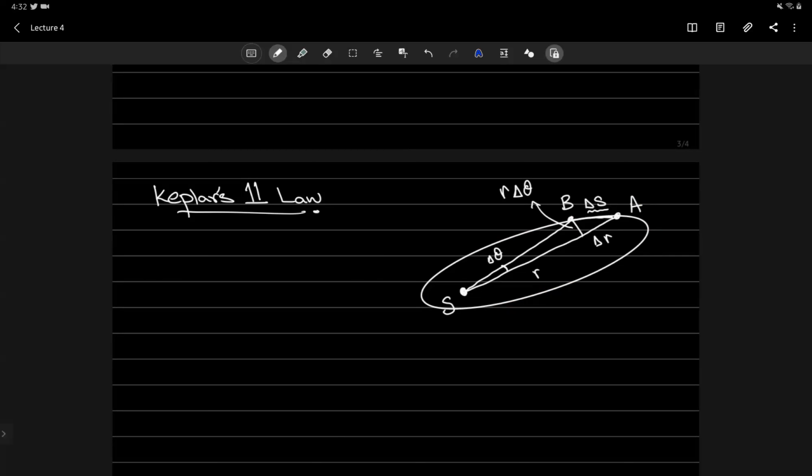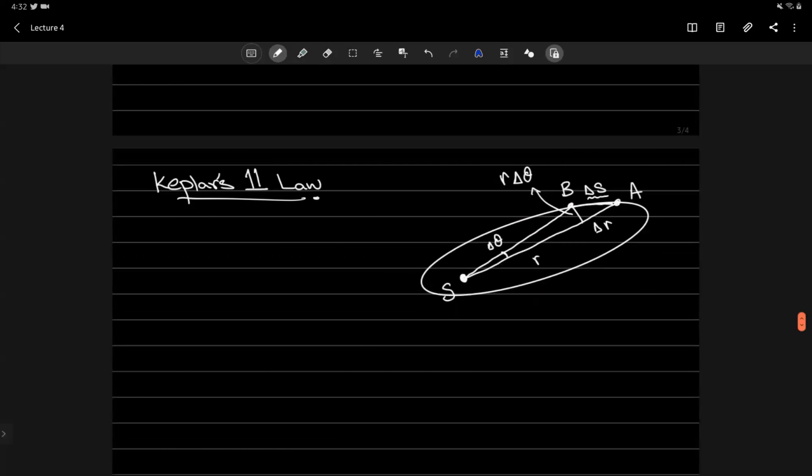So if that's the case, then we can write down its speed in its orbit as delta S over delta t. Now, an important thing to note here is that I can resolve the velocity into its vector components, right?